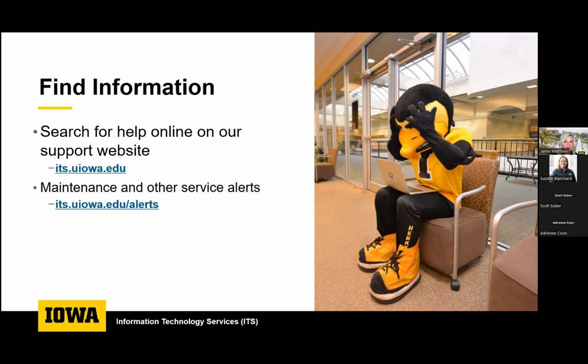If they go out to that alerts page, if there's any problem with any service that we have on campus, we will post that on that page, and they'll be able to get all the details that they need about any services that might be having an issue. That doesn't happen often, but if it does happen, it's really handy for students to know about that, so they can quickly figure out exactly what the problem is.